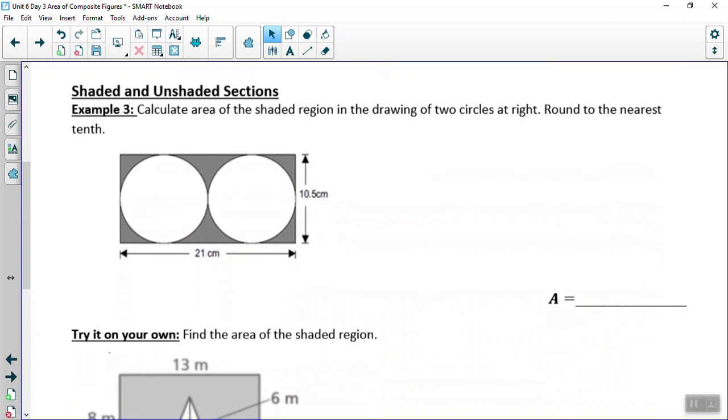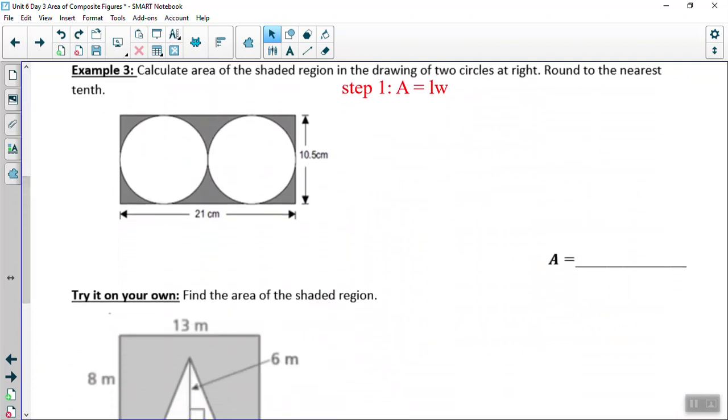Well, now I've got less paper. I've got less area. I have to subtract out the area of those 2 circles I just cut out. That's exactly what we're going to do here. So we're going to start with our first step, where we're going to find just the area of the entire rectangle.